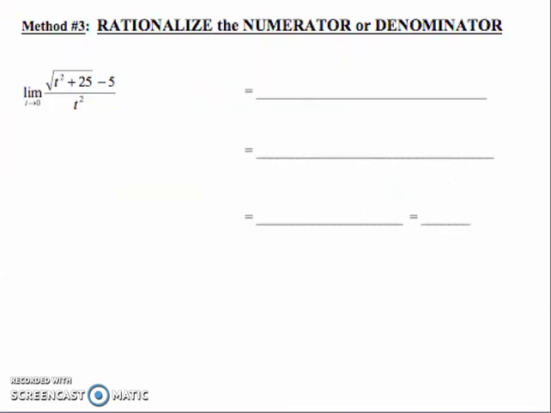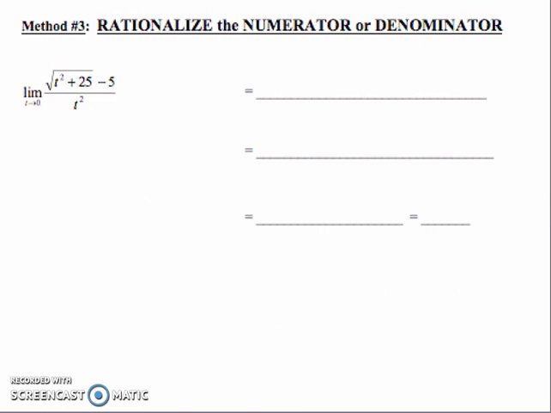The last thing that we're going to learn about today for our bag of tricks as far as evaluating limits is rationalizing a numerator or a denominator. In this case, as you can see, the radical that we're dealing with is upstairs. So here we are going to look at rationalizing the numerator. Whenever you see a square root, that's typically where we're going to need to go.